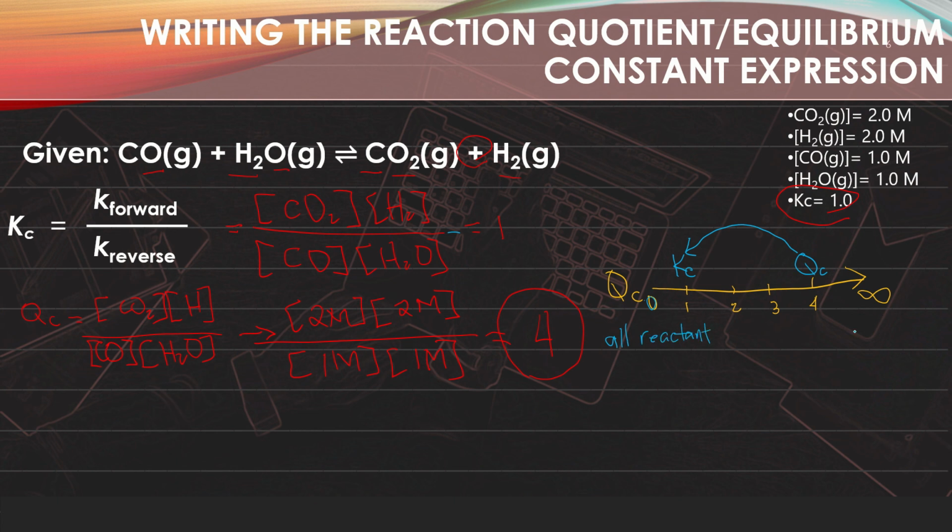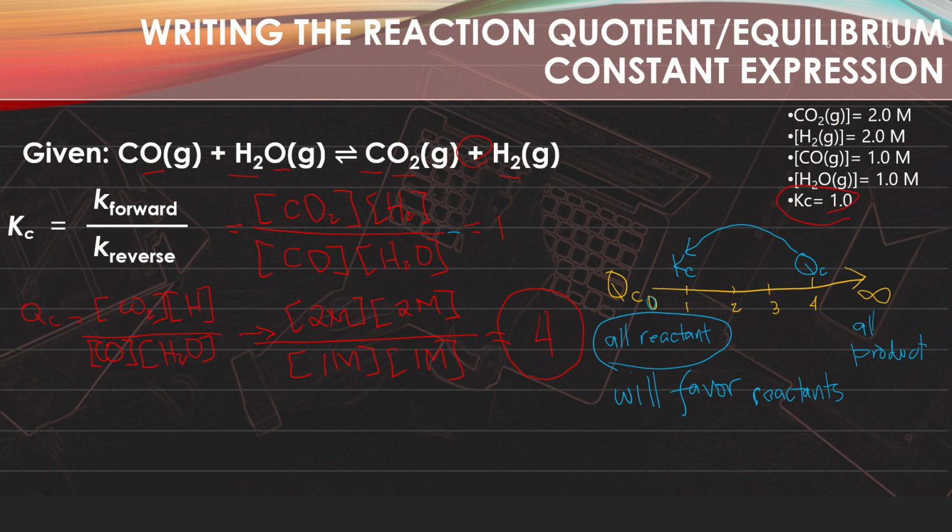And doon sa infinity, it is all product. So, since nag-move ang QC natin from 4, papunta siya sa KC, which is 1, nag-move siya to the left. So, ibig sabihin, the chemical reaction will favor the reactants.